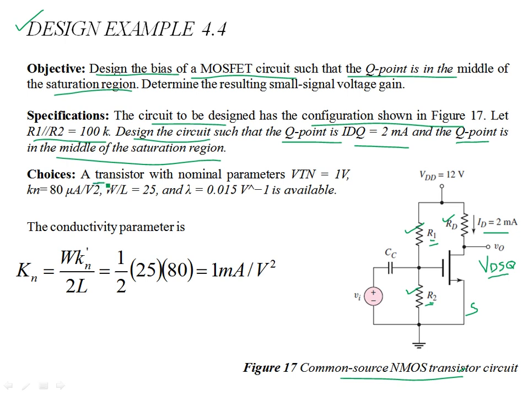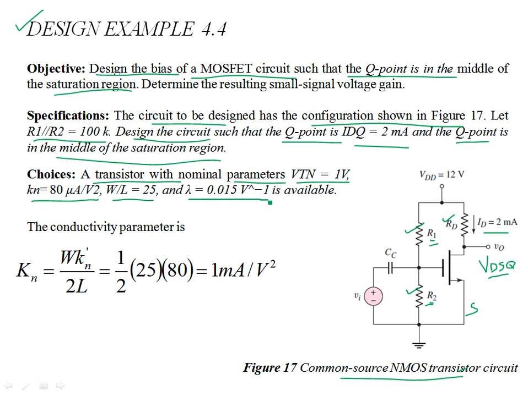The choices are that you have a transistor available with nominal parameters: threshold voltage of 1 volt, conductivity parameter of 80 microamps per volt squared, channel width to length geometrical ratio of about 25, and channel length modulation parameter of 0.015 volts inverse.